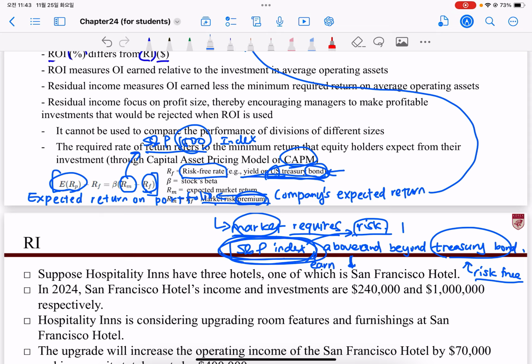Like think about Bear Stearns. It was a big financial company, but it went into bankruptcy in the financial crisis. Just like that. Into trash, right? So even for S&P index companies, they can still have risk. So for higher risk, you want a higher return. So that is this market risk premium.